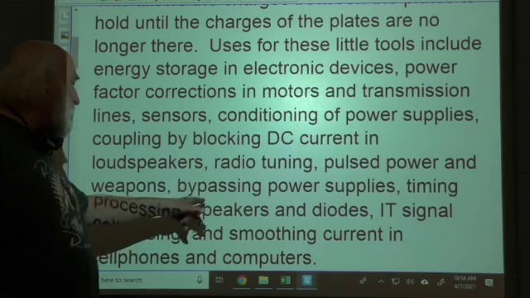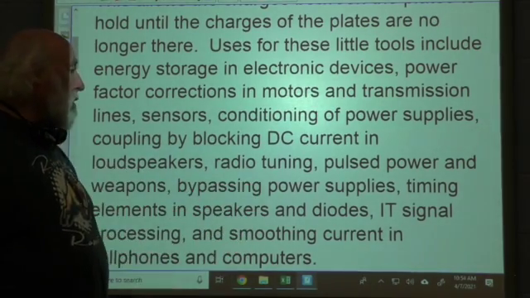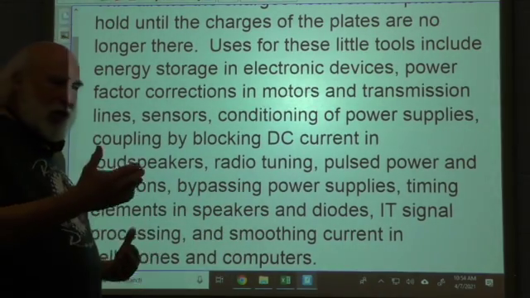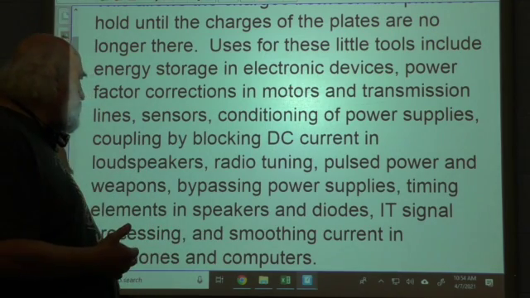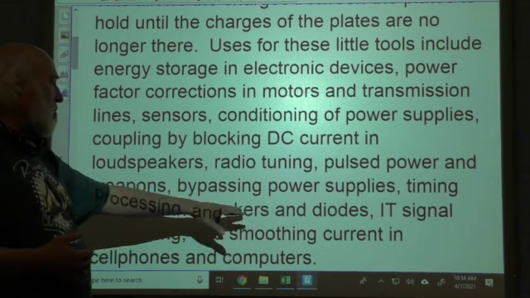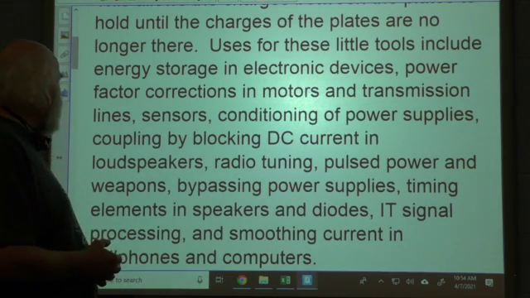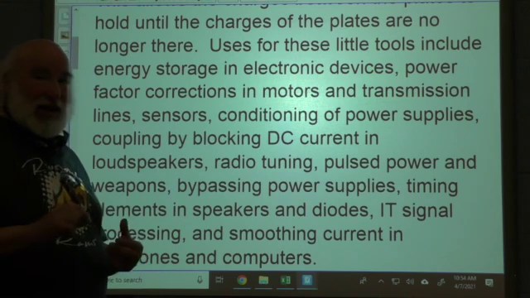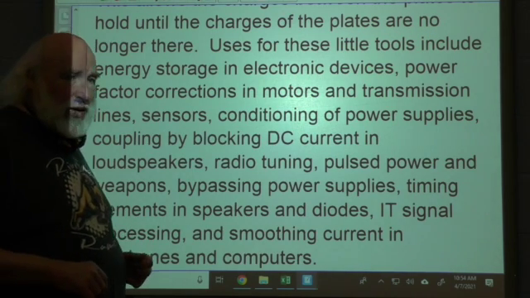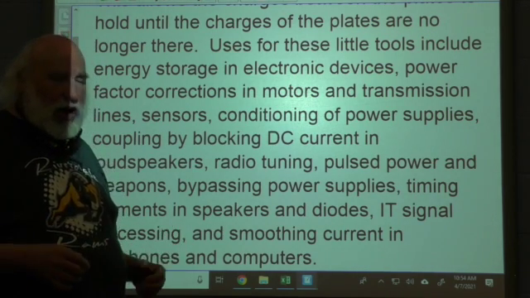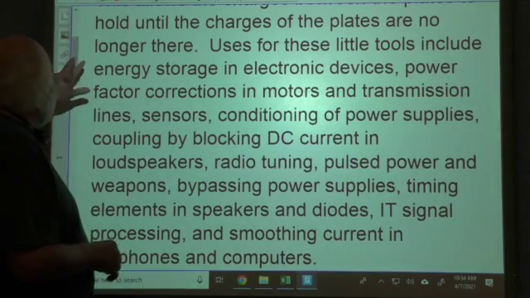Was rather fascinating stuff though. Bypassing power supplies, again, I think that has to do with the AC versus DC systems. Timing elements and speakers and diodes. IT signal processing and smoothing current in cell phones and computers. Again, getting back to that AC-DC conflict going on in electricity.